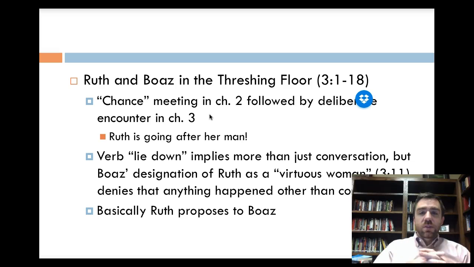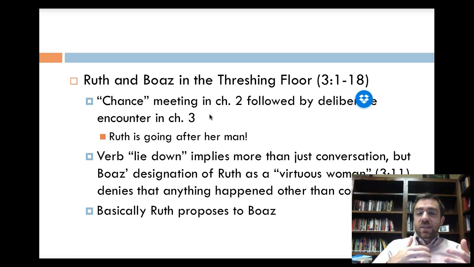So on the threshing floor, they have a chance meeting in chapter 2, followed by a deliberate encounter. Ruth is going after her man. The verb to lie down does imply something happened more than just conversation, or it can. I don't say it does, but it can imply.